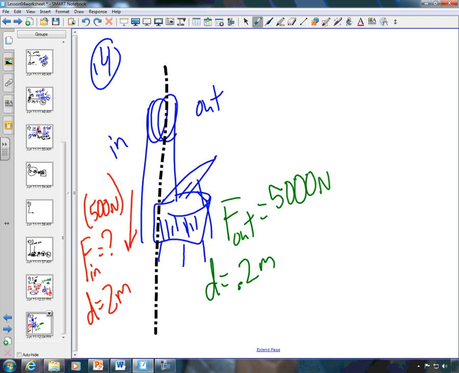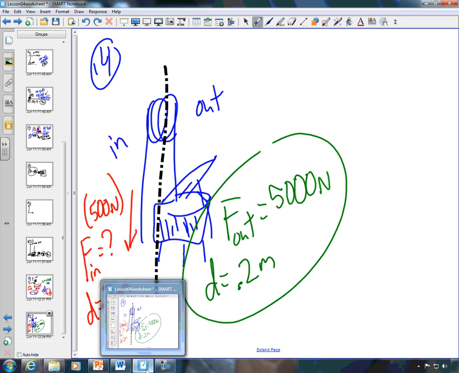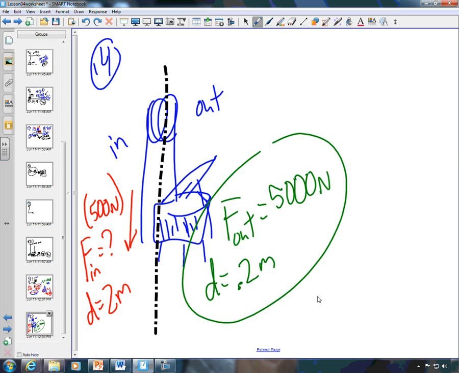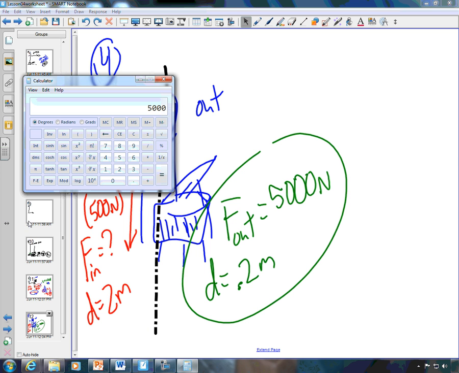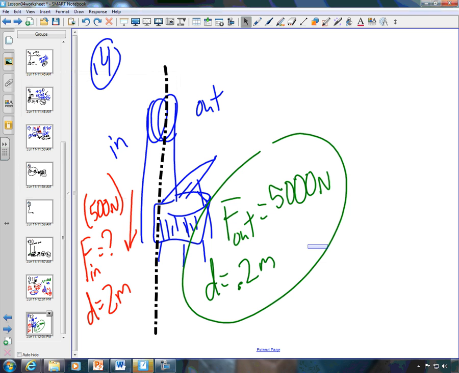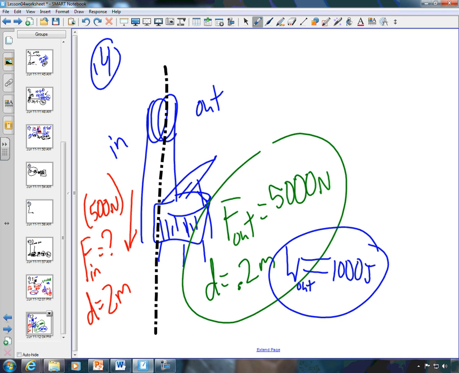So again, same idea, except now we have work out. The work out, 5,000 times 0.2, what was that? 1,000. I'll even verify it for you on the calculator just in case anybody wanted to see it. Go back and pause that frame if you want. Work out is 1,000 joules.